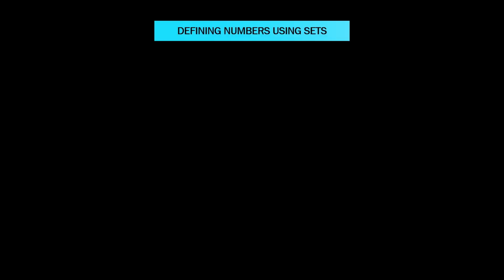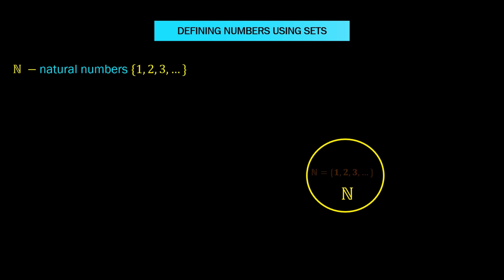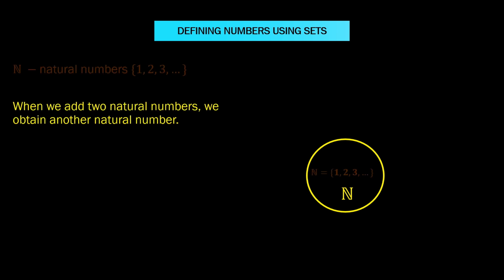Now that we have some symbols, notation, and structure in set theory, we can start to define numbers using sets. We know that the most basic form of numbers would probably be the counting numbers, so 1, 2, 3, and so on. These are called the natural numbers. Notice that when we add two natural numbers, we obtain another natural number.